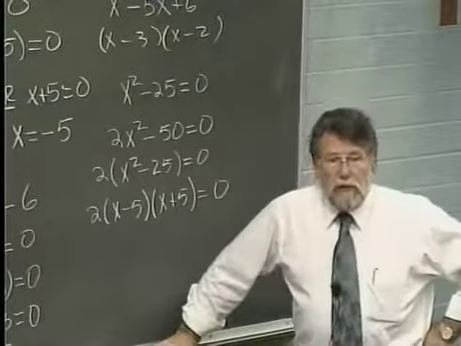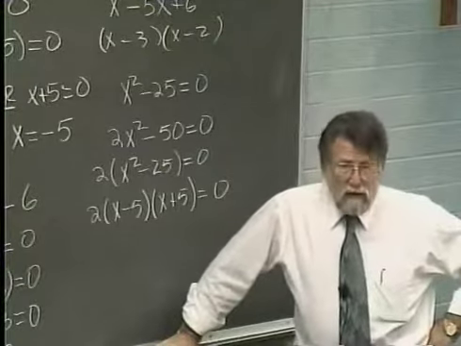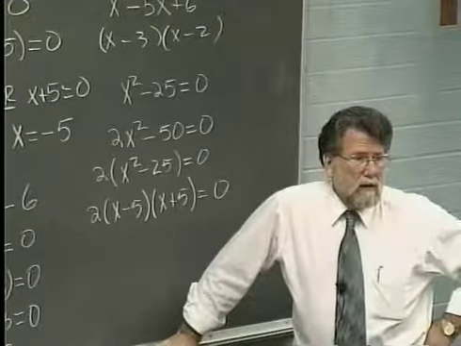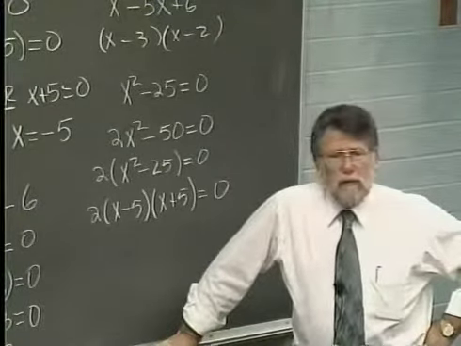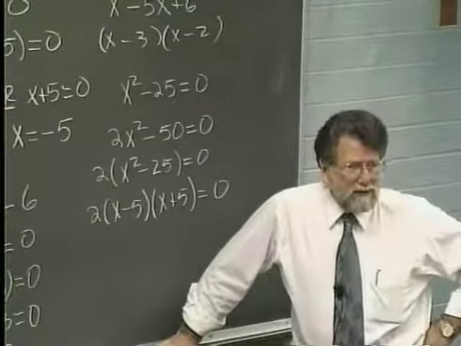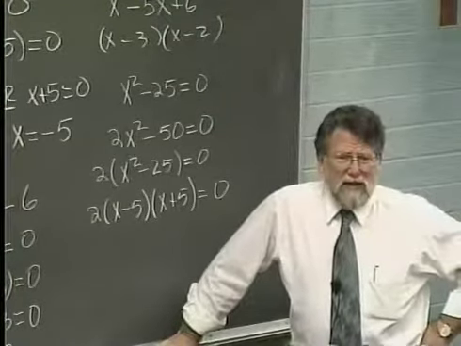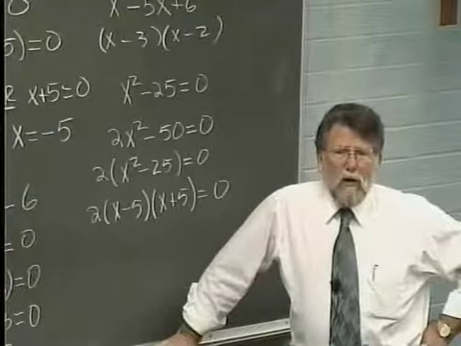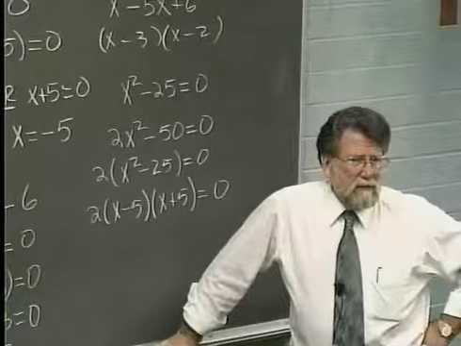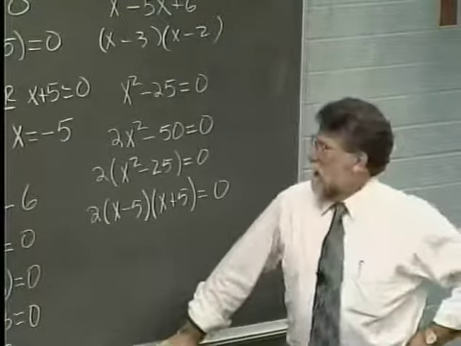Now I have what? I have 3 factors in a product, and the product is equal to 0. Now it says one or the other is going to be 0.